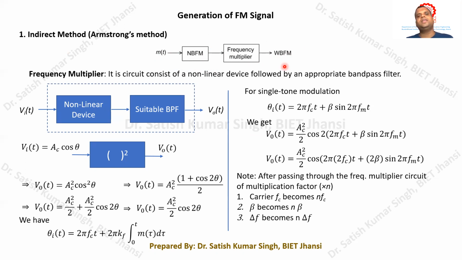From this block diagram, we can understand that the message will be used for generation of the NBFM signal, and then we need certain circuitry that will be able to convert this narrowband FM signal into wideband FM. In this block diagram, after the NBFM block, we show a frequency multiplier.